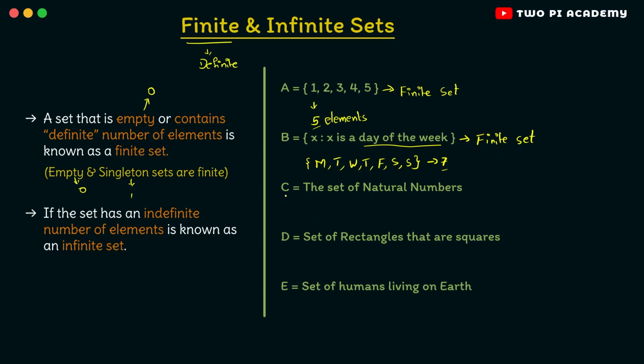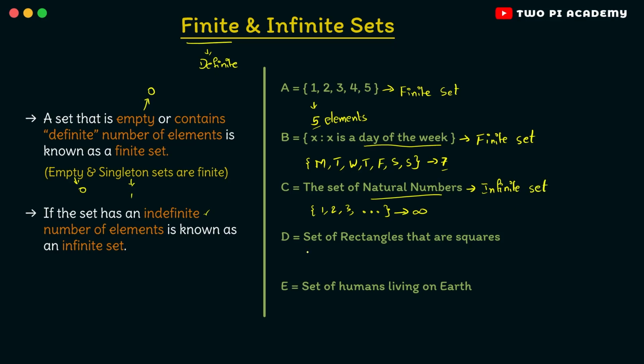And then the next one, capital C is equal to the set of natural numbers. So clearly natural numbers start with 1, 2, 3, and then it goes on until infinity, right? So it has an infinite number of elements, which is clearly indefinite. There is no definite number of natural numbers. So therefore this is an infinite set.